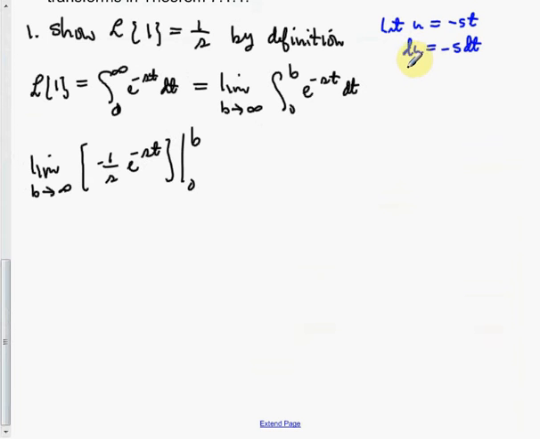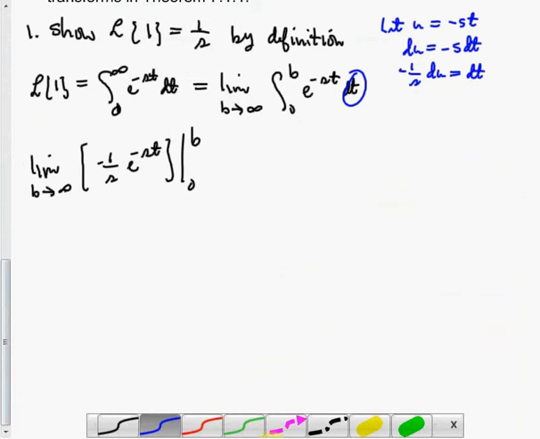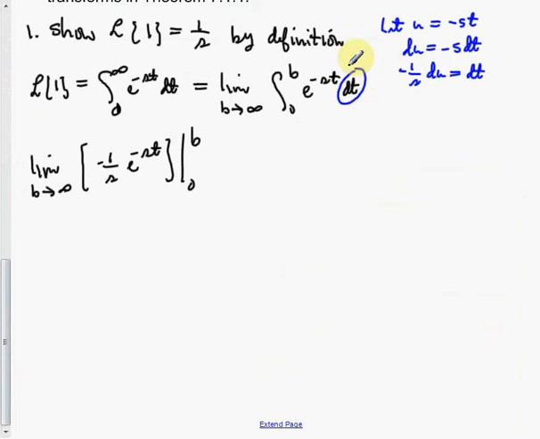So dt is negative 1 over s du. So the dt here is replaced with the negative 1 over s du.